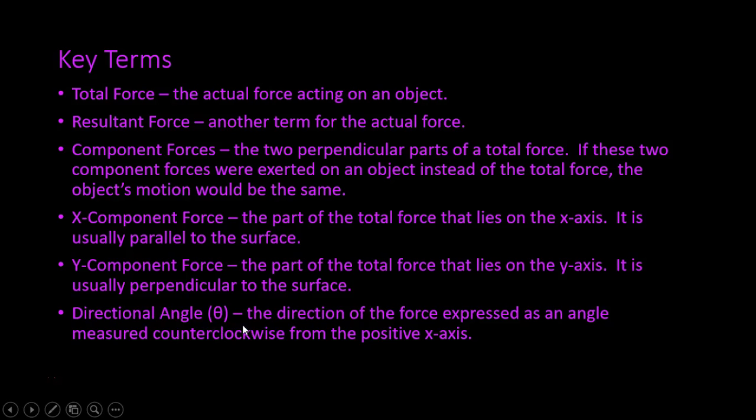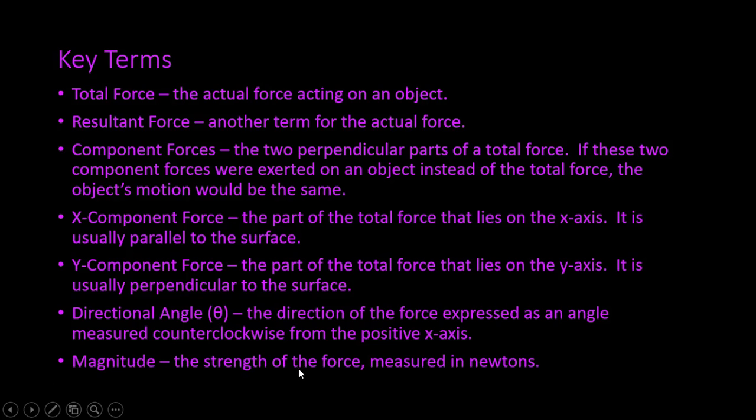The directional angle is the direction of the force expressed as an angle measured counterclockwise from the positive x-axis. The symbol we give for this angle is the Greek letter theta. And finally, we have the magnitude, and that's the strength of the force, and it's measured in newtons.